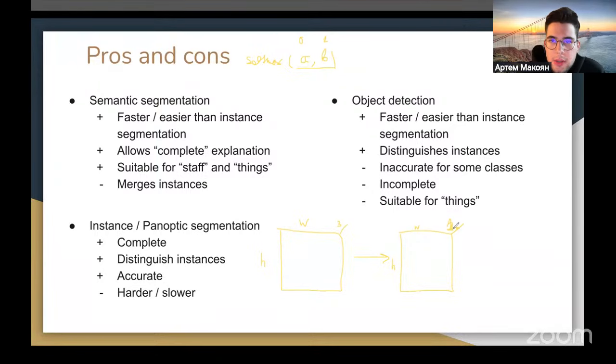Convolutional networks usually decrease the height and width of the tensor and increase the number of channels. Increasing the number of channels is okay, because afterwards we can use a 1x1 convolution and get from 1,000 channels only one channel. It's not a problem, but the image becomes smaller and smaller.